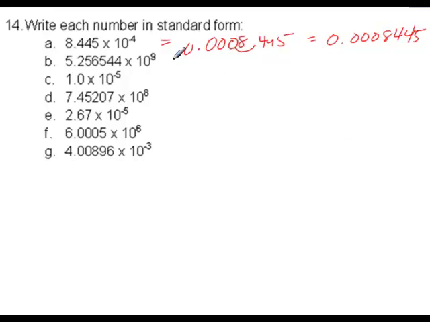Okay, next one. It's a whole number, so you write 5.25, 5, 6. Okay, so I write my decimal. You move it 6 places to the right, so I'm going to move it this 6 places. 3 more places. Then there'd be 3 more, so there'd be 3 zeros.